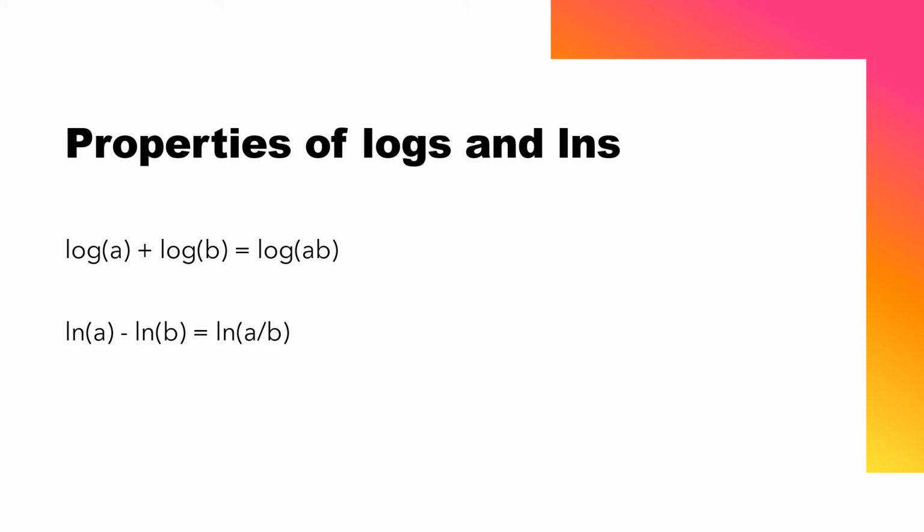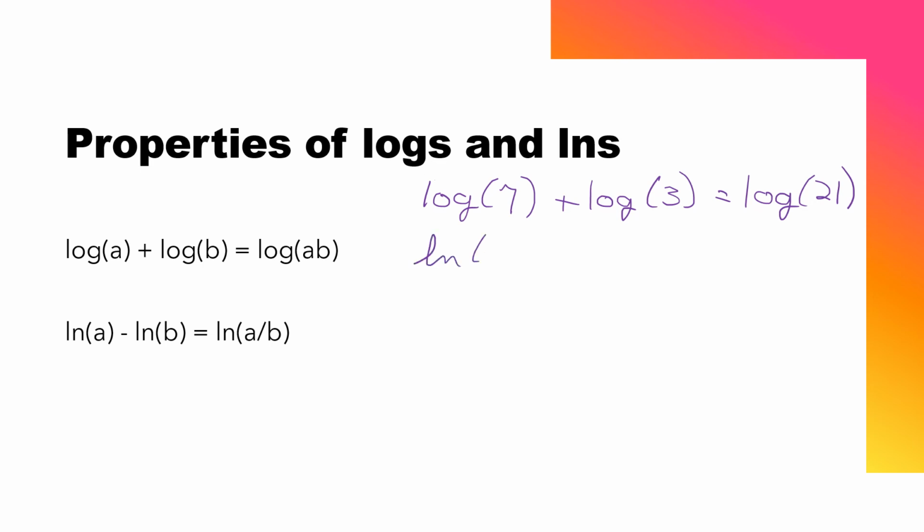So for instance, if you have the log of 7 plus the log of 3, that's equal to the log of 21. Same thing if it's natural logs. The natural log of 7 plus the natural log of 3 would be equal to the natural log of 21.